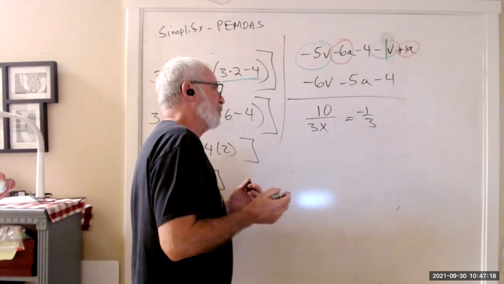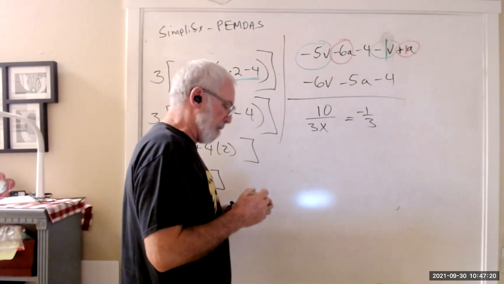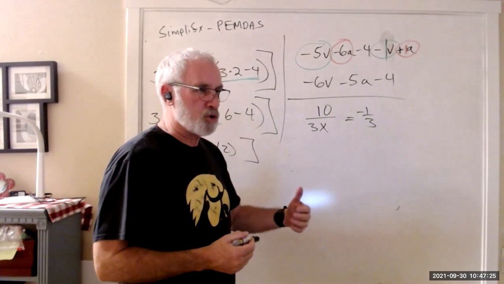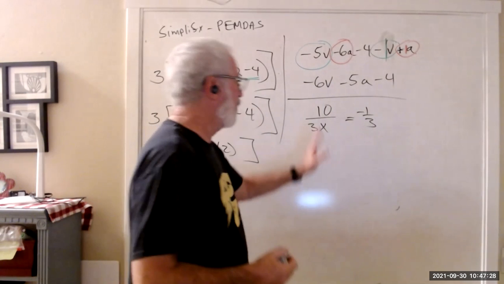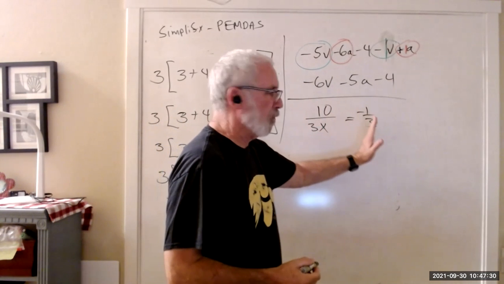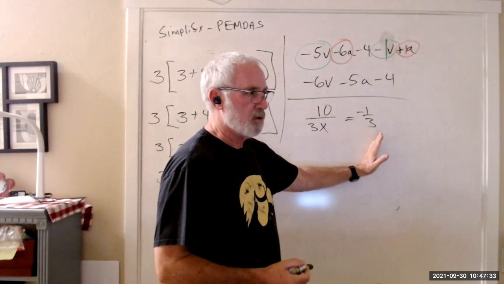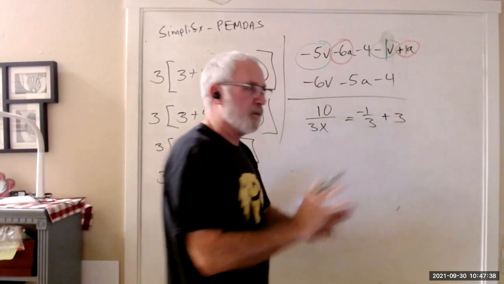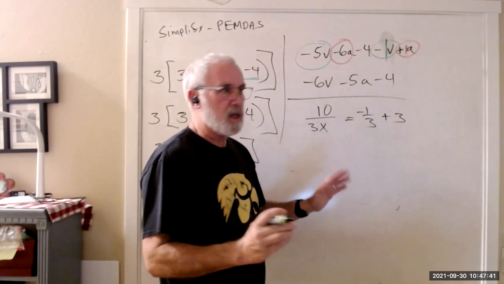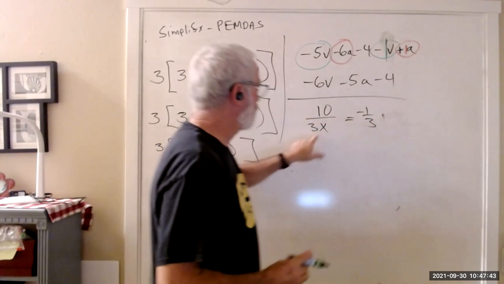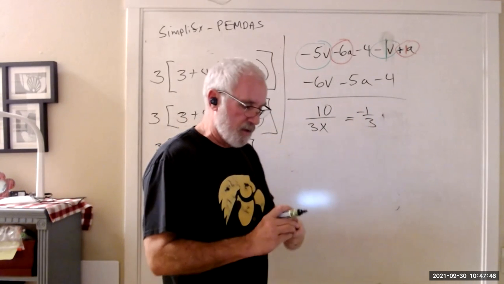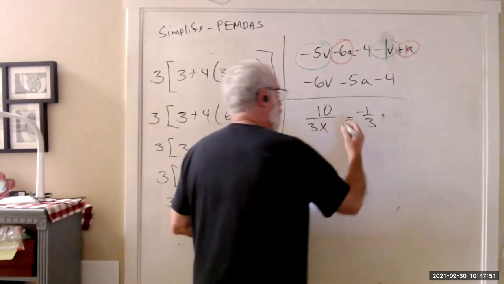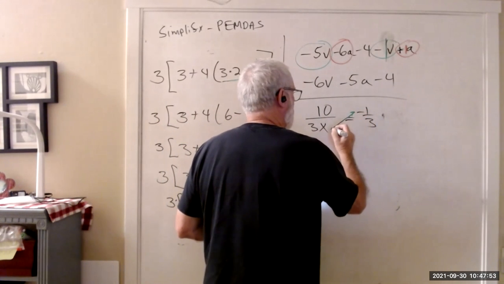There's a bunch of ways this could be done, but the easiest way is to see this as a proportion. A proportion is when one fraction equals one fraction. Nothing else. Now, if there had been a plus 3 out here or something like that, then we're screwed. Then we've got to do it a whole different way. But because it's one fraction equaling one fraction, this is called a proportion. And to solve a proportion, we can cross multiply.